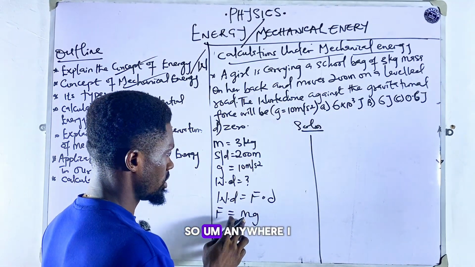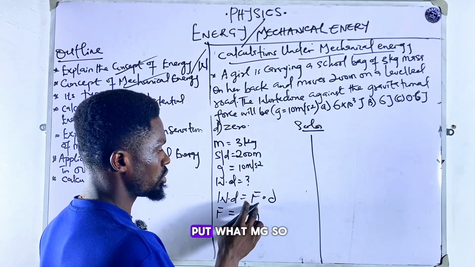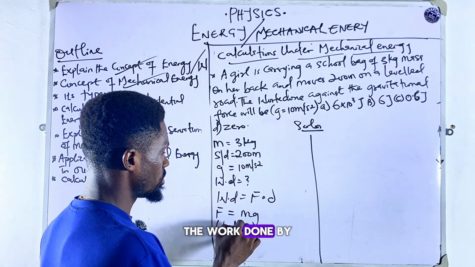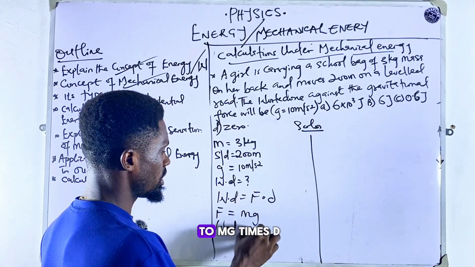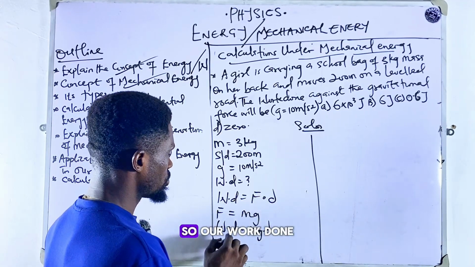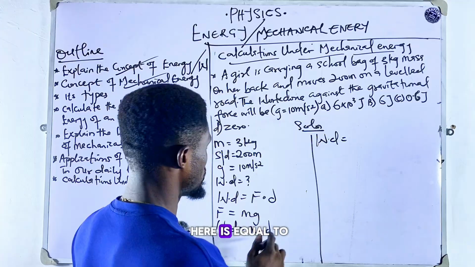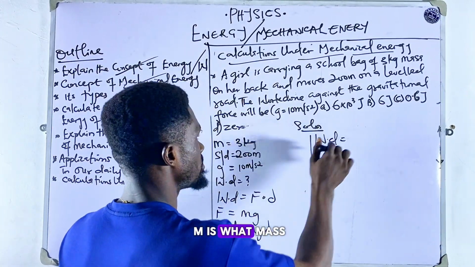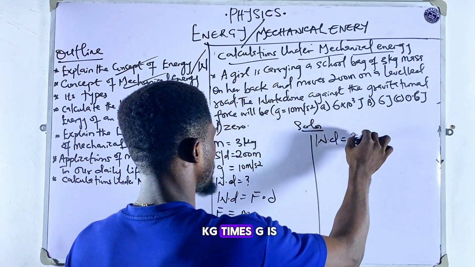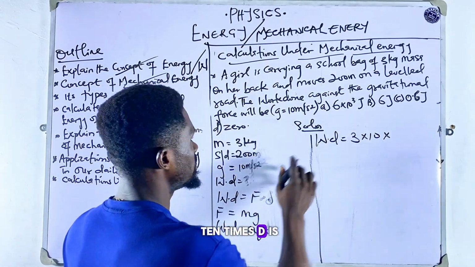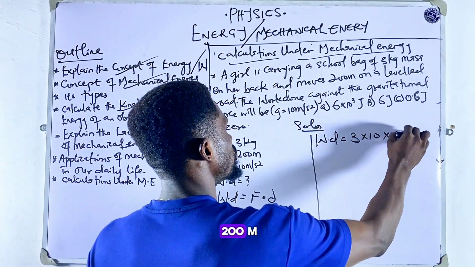So anywhere I see F, I can put mg. So the work done by the girl is equal to mg times d. So our work done here is equal to m, which is mass, 3 kg, times g is 10, times d is 200 meters.